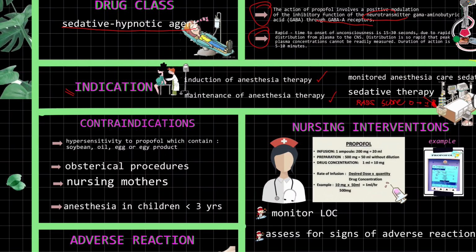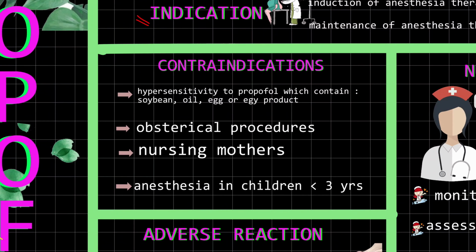So we're done with the indication. We are moving towards your contraindications. I'm sorry. So earlier we discussed to whom you are going to give propofol, and now we're going to answer the question: who are those patients that it is not indicated for, or for whom propofol is contraindicated?